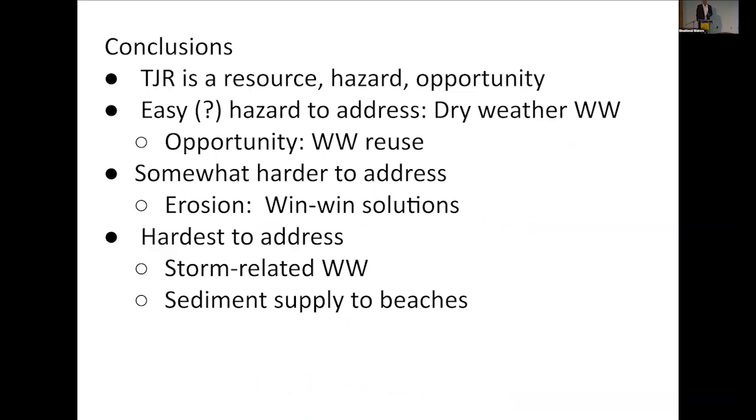Harder to address is the erosion in some of the marginal areas of Tijuana. I think there's a significant opportunity for win-win solutions there. And the hardest to address are going to be the storm-related wastewater and floods, because big floods are hard to prevent. You're better off preparing for them and being ready. Restoring the sediment supply to beaches is also a very difficult thing to do.